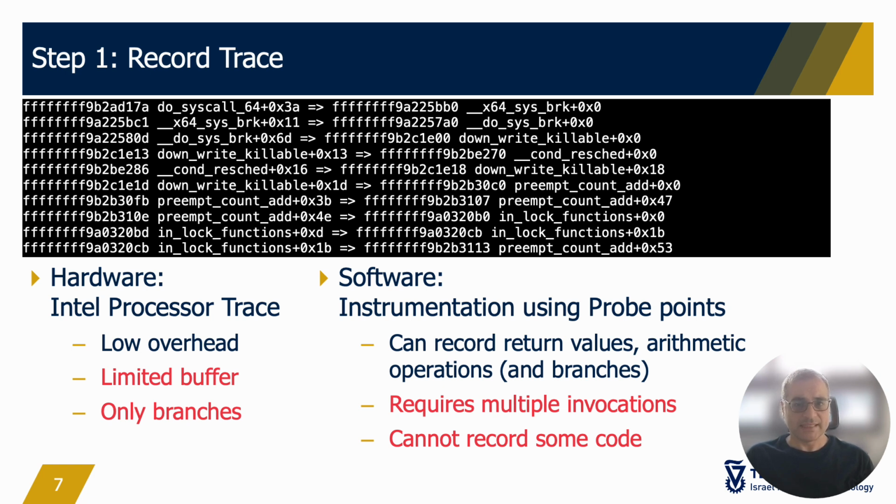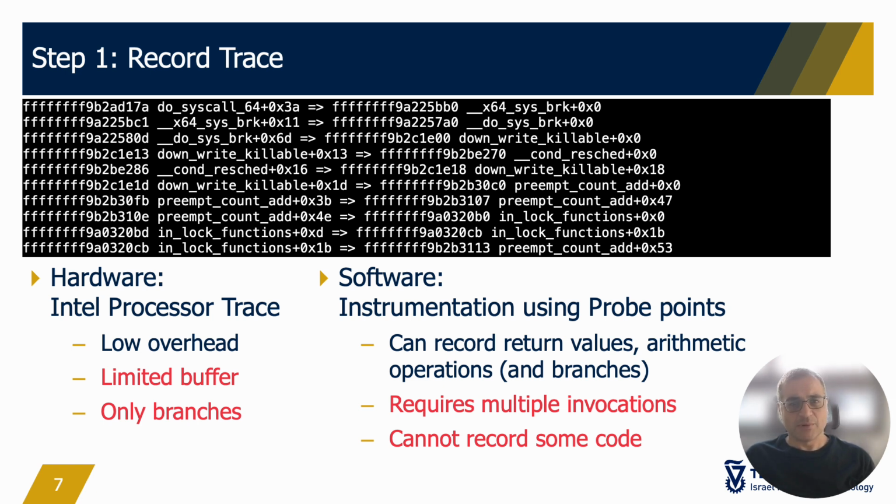Our second mechanism is a novel software tracing approach using Linux kernel probe points to instrument the code. We trace branches like Intel PT, but also record function return values, predicated instructions, and certain arithmetic operations compilers often use to evaluate predicates.